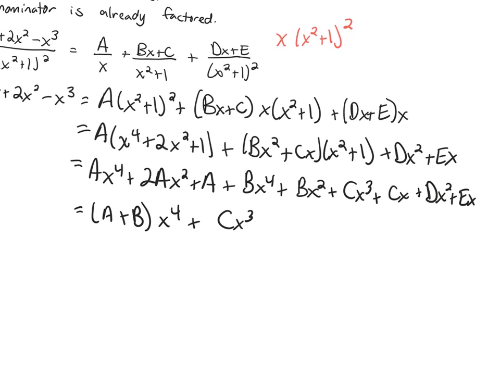What about x squared? 2A plus B plus D. What about x? Looks like I have a C and an E. And then my constant, I only have one, A, looks like.